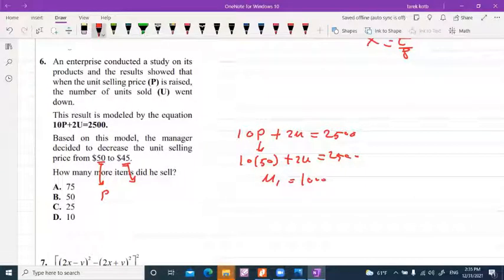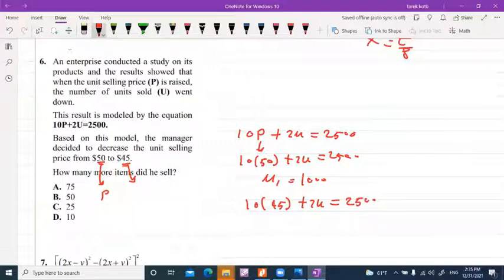In case of p equals 45, it will be 10 times 45 plus 2u equals 2,500. Also, I can get u from here.